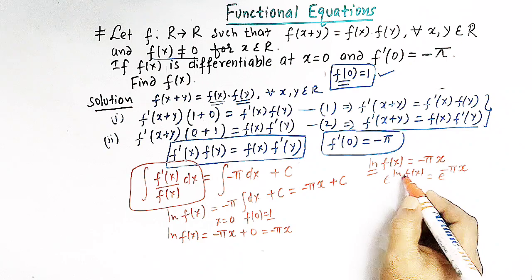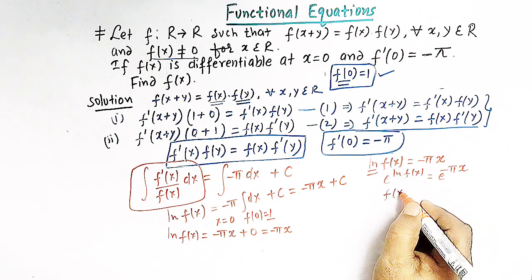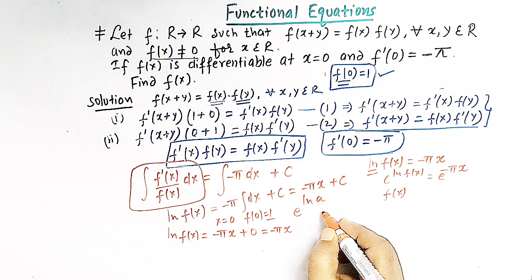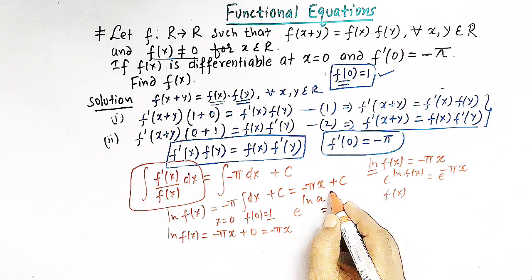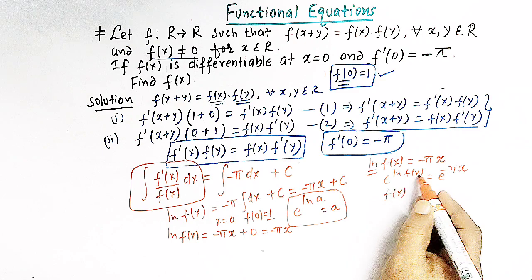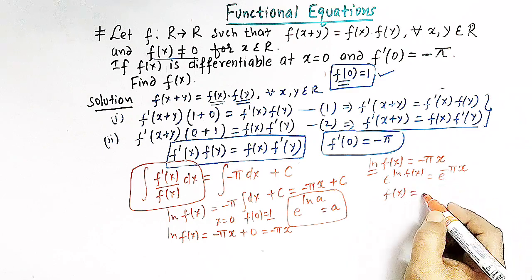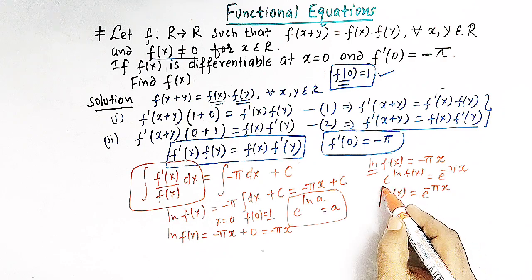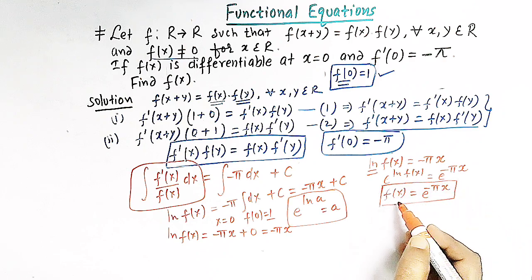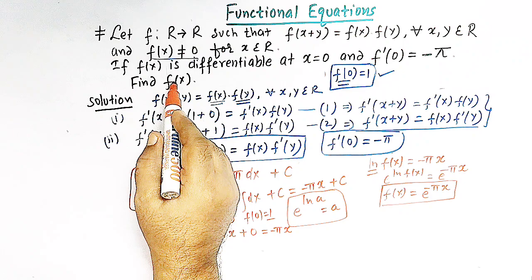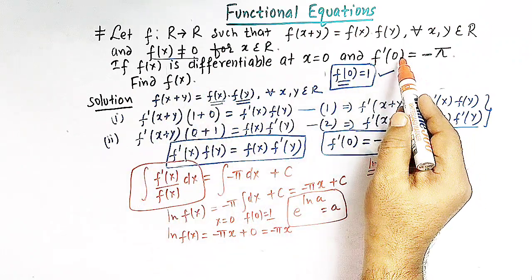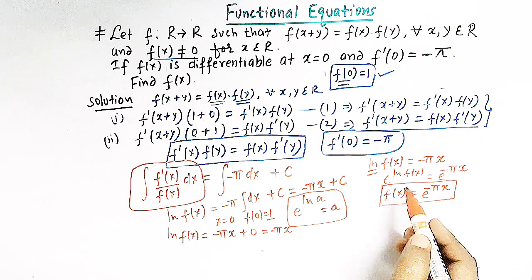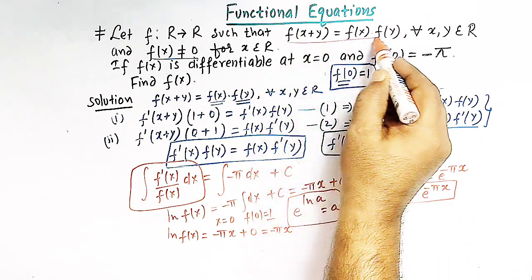Now e raised to natural log of f of x is simply f of x, because we know that e raised to natural log of a is equal to a, right? So here we have f of x, and here we have simply e raised to minus pi x, right? So this is the required form of the function f of x, where we have these conditions, right? And this function f of x satisfies this functional equation.